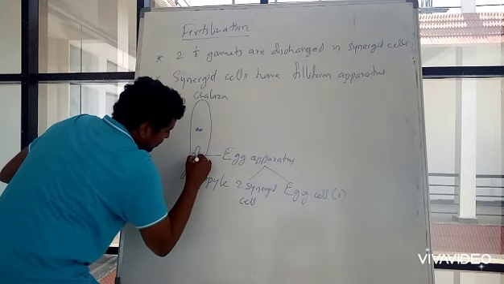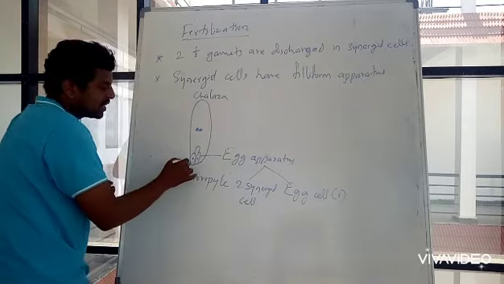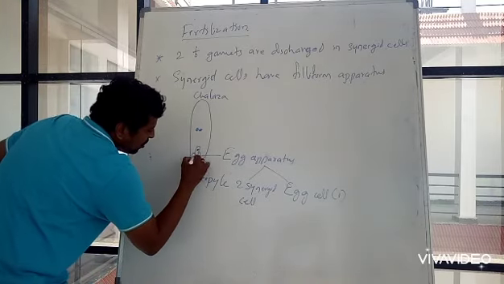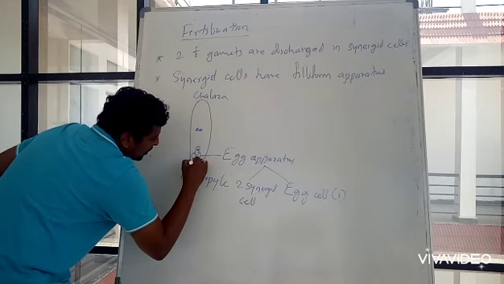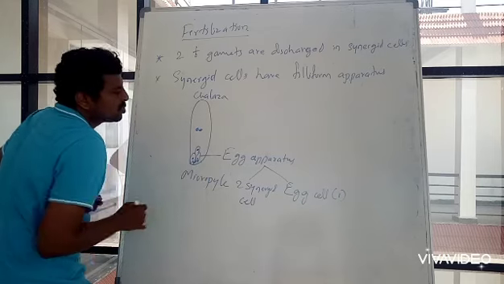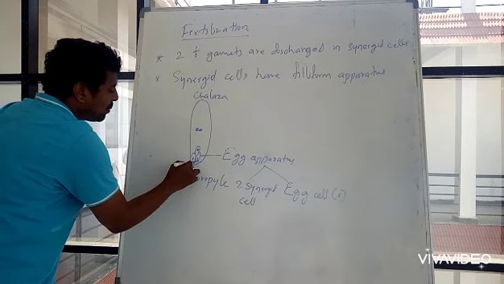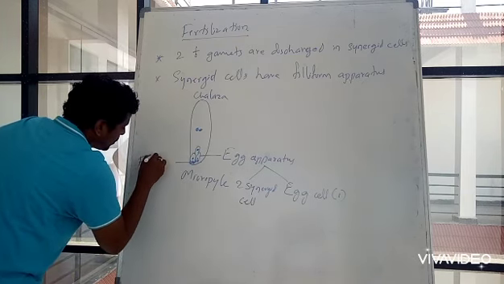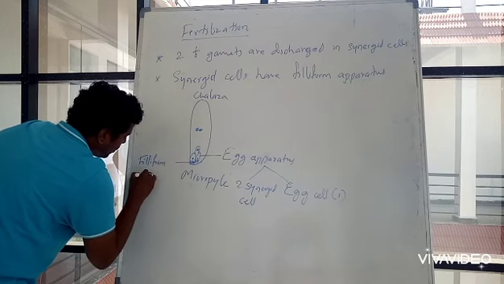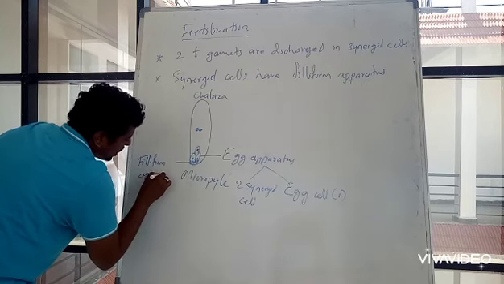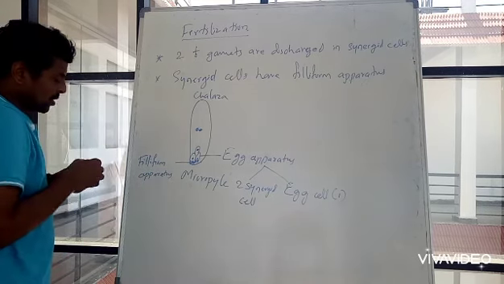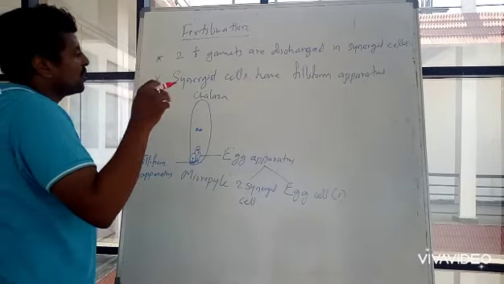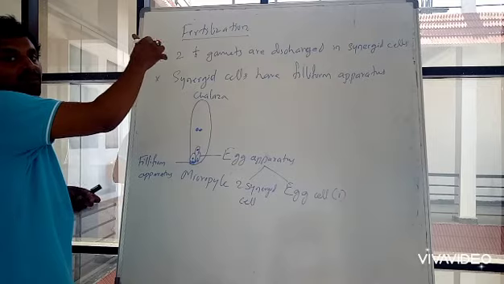I have already drawn here: these two are synergid cells and this is the egg cell. On the synergid cells you will have minute finger-like structures known as filiform apparatus.